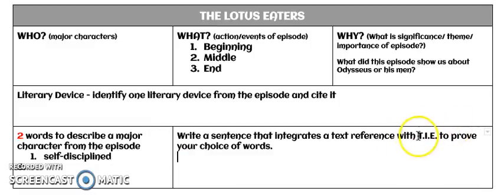Okay, and I'm going to use that word, self-disciplined, to write a sentence over here. I need you to look at that handout I gave you about TIE: tagging, introducing, and embedding text references. And let's see what I can come up with. I am going to go for an embed, an E, which means that my words kind of surround the text reference, almost like a little sandwich.